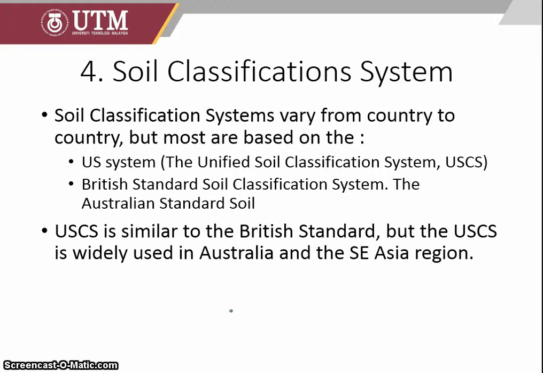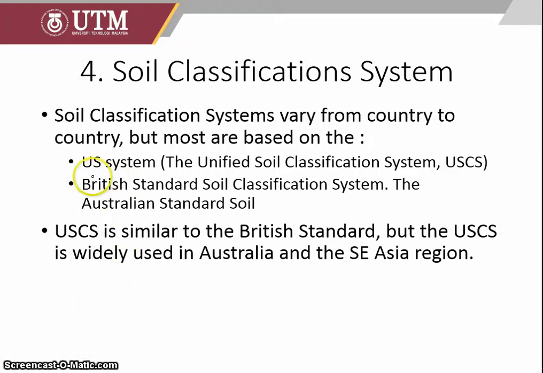Okay, so that's all about the soil identification system that we want to do in the field. Next is the soil classification system, which associates letters with the laboratory testing. We have basically two major systems worldwide.